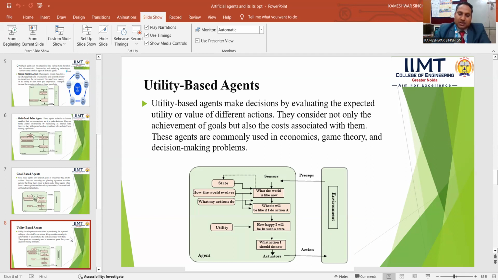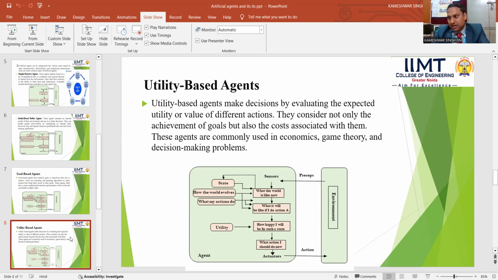Meaning what? We are driving a car and operating the GPS. The GPS shows different kinds of routes for achieving the goal. But some routes are very long, some routes are short, some routes are short but busy, some routes are very clear.